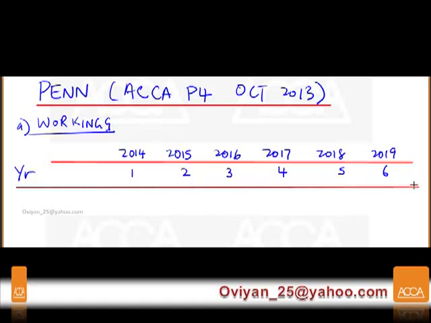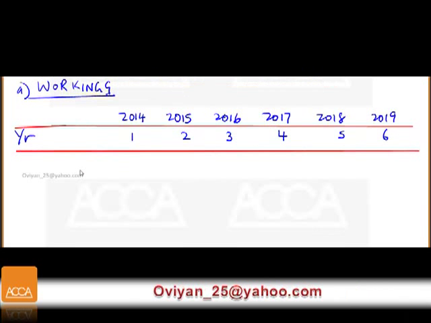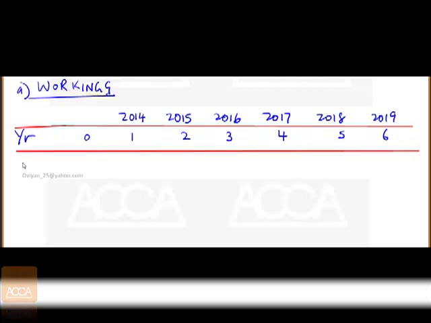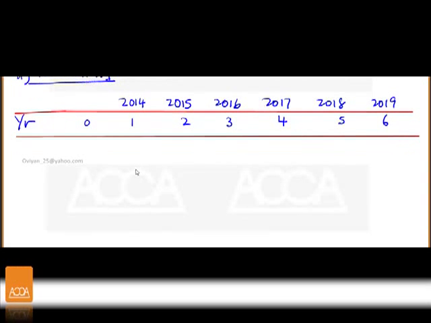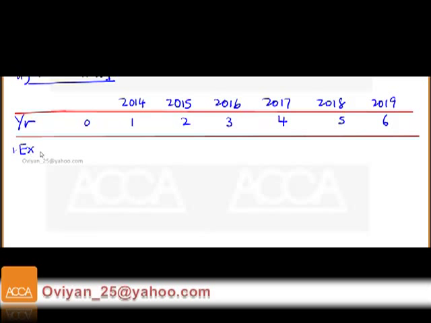we have this already. This is my main time frame, and this is definitely going to be a year 0 here, which is going to be the beginning of 2014. The first thing we're going to do here is our exchange rates. Working number 1, I'm going to show you exchange rates.